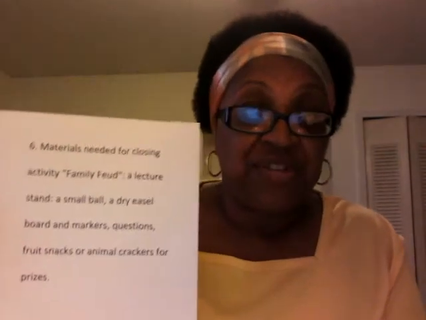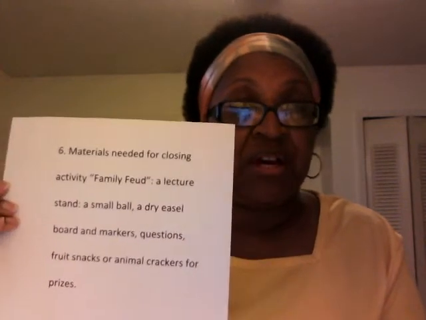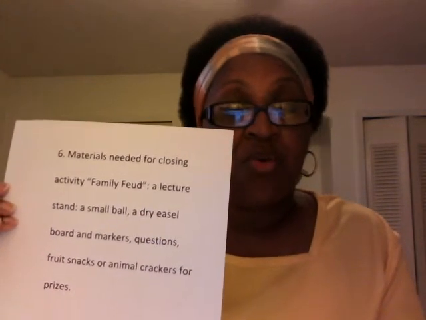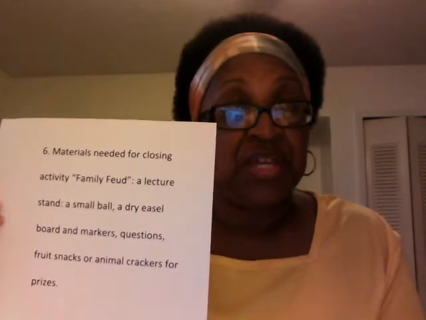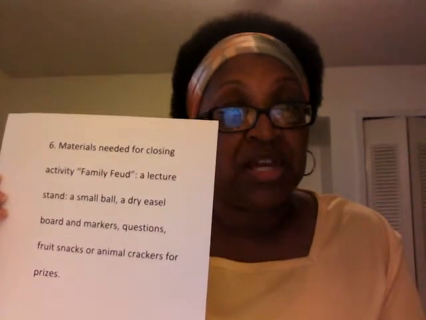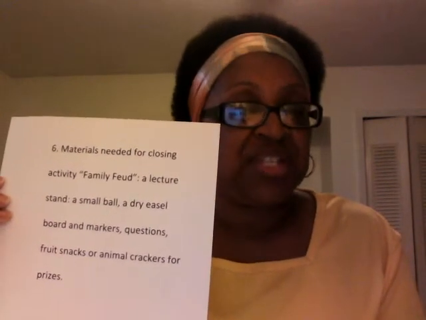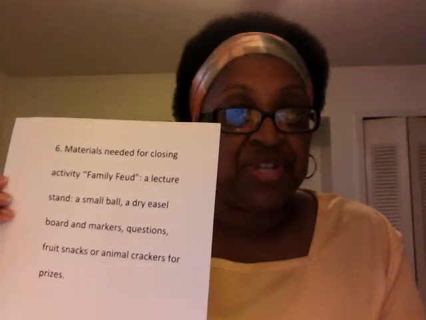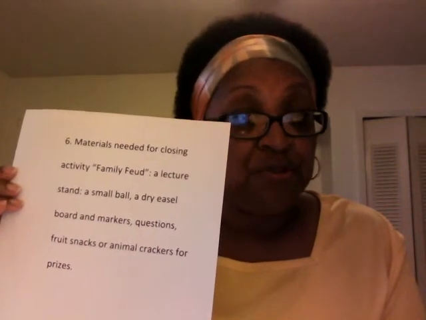The end thing you will need is your materials for your last activity, and that's going to be the reinforcement or the transference, the closing activity, like the review, and that would be a game activity that I use. I usually take things that they're familiar with every day, and that's the Family Feud.